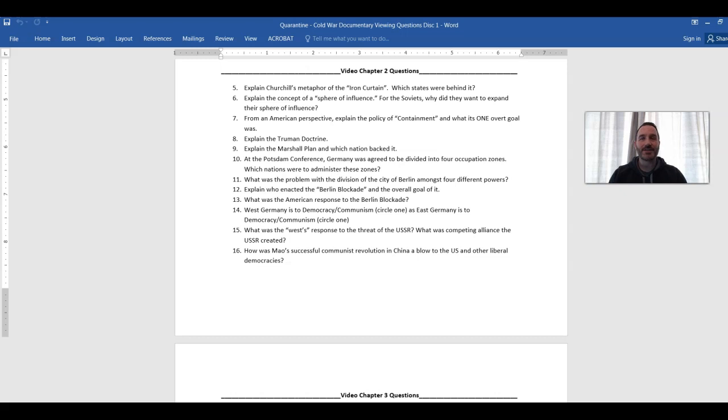Not only does China turn communist, and this means that 500 million new communists exist in the world, and China is a big, powerful nation. But in 1949, the USSR also successfully tests and detonates their first nuclear weapon.